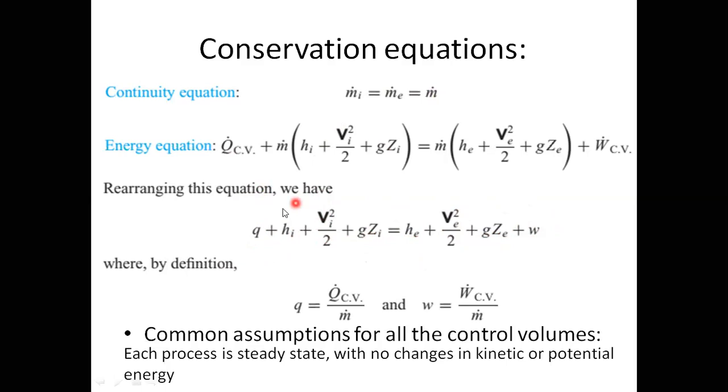This is just for the recapitulation. Small q is Q dot CV by m dot and small w is W dot CV by m dot. They are specific heat input and specific work output.